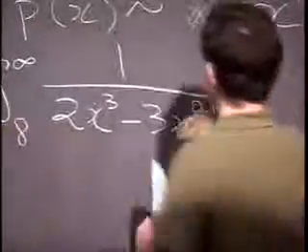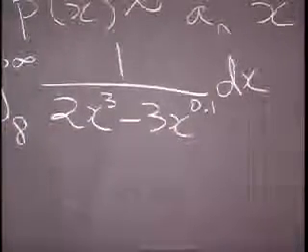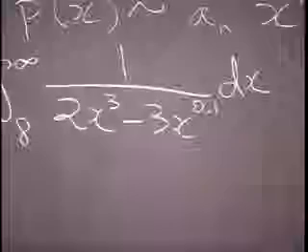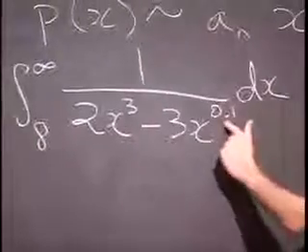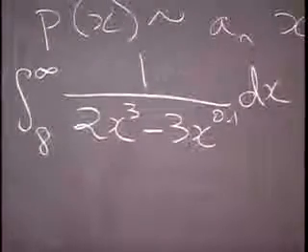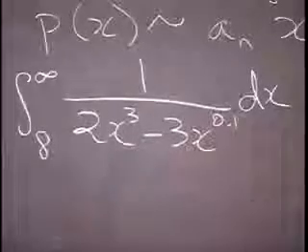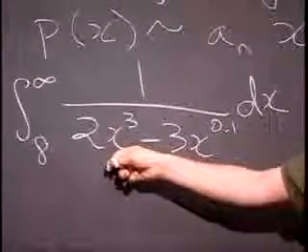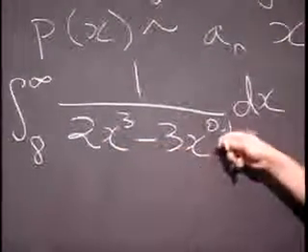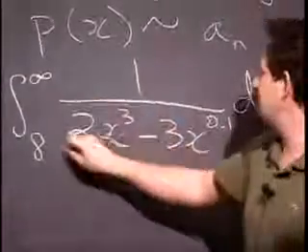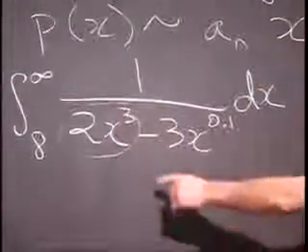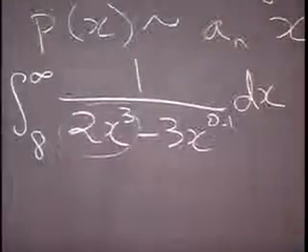Now, actually, the denominator is not even a polynomial. It's a polytype function. You see, this power of 0.1 was supposed to be an integer, but it's not. Doesn't matter. x cubed is still a higher power than x to the point 1. So this should dominate.